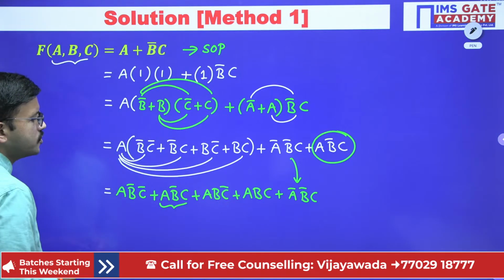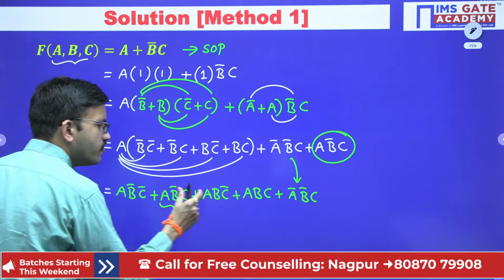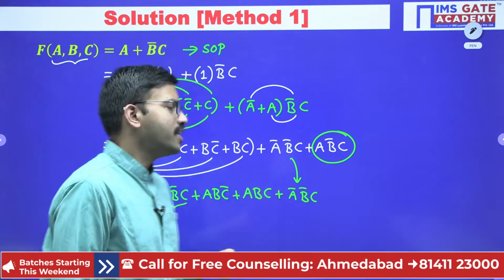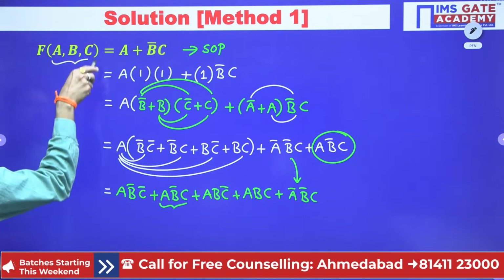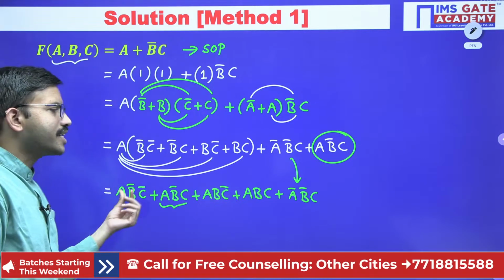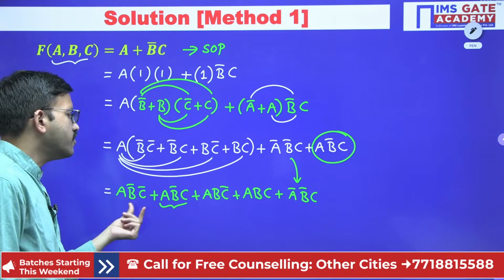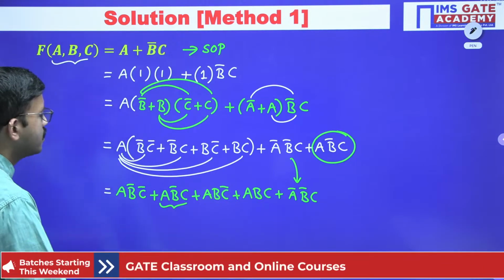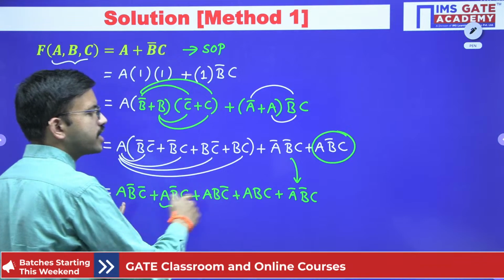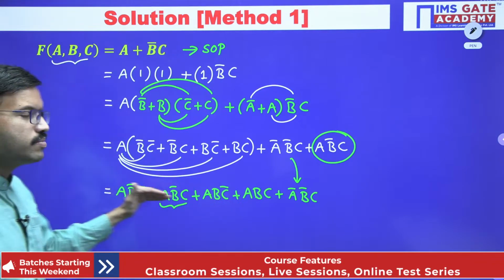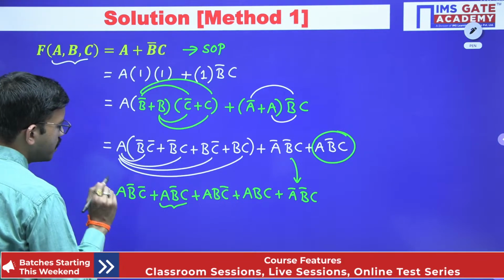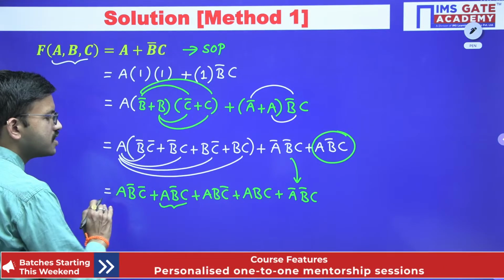Now if you observe, in each and every product term you have 3 literals, which is the same as the number of given variables. Whenever that condition is satisfied, each and every product term we call a min term. Correct? So this is one representation of f of ABC in the sigma m form. Now you can represent it in terms of the min term numbers summed together.